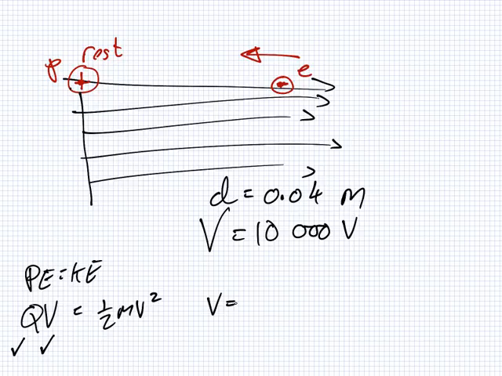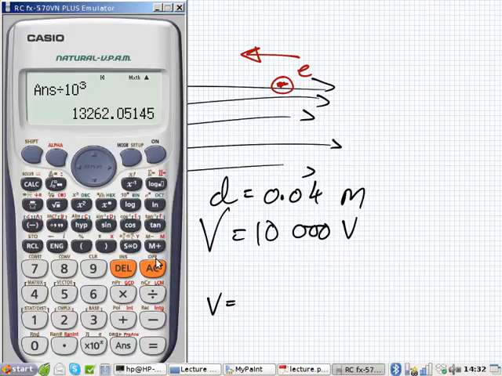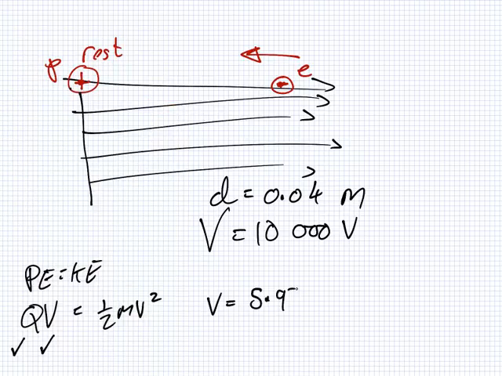If I retype it, what do I need to change? The only difference is the voltage, it's 10,000 volts. So the velocity is 5.93 times 10 to the power 7.